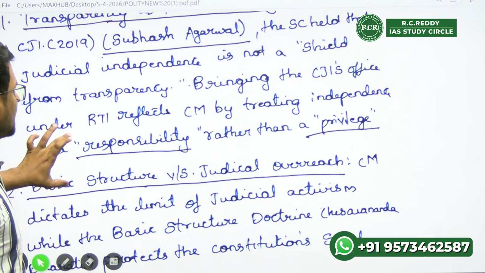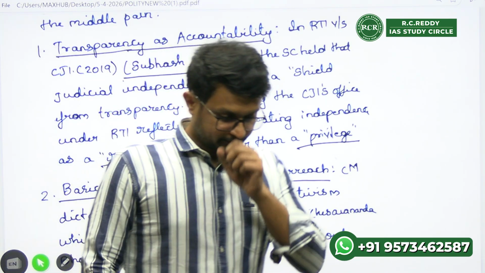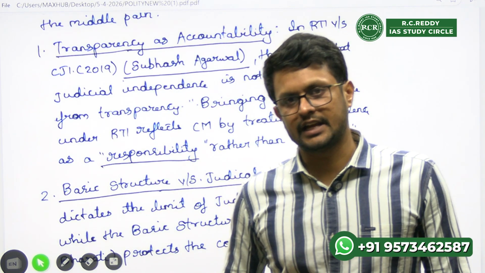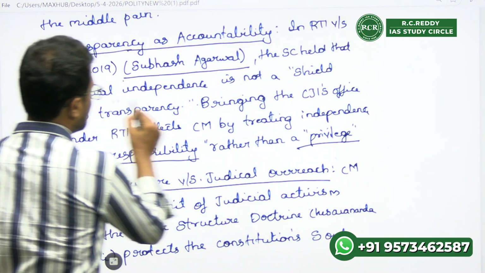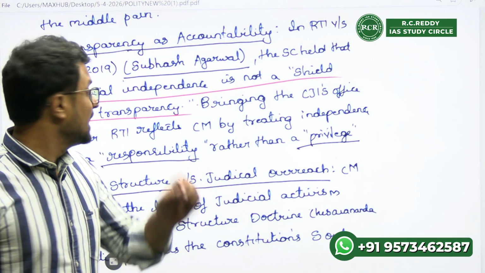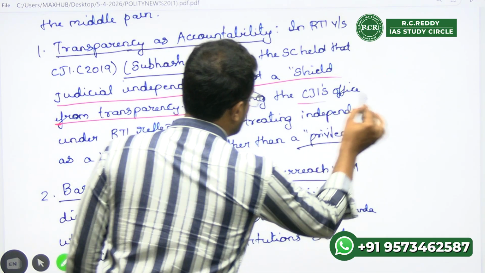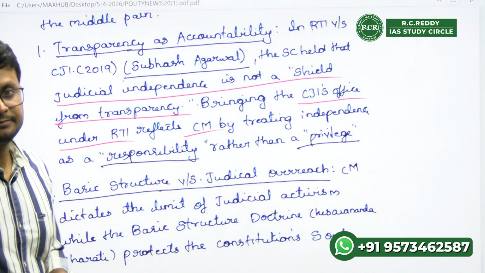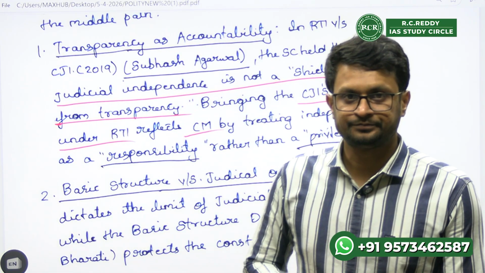In a case called Subhash Agarwal, where the office of the CJI was asked to be open for RTI, the Supreme Court came up with a statement that judicial independence is not a shield from transparency. By bringing the CJI office under RTI, constitutional morality has been upheld. It said that independence is a responsibility rather than a privilege, right?